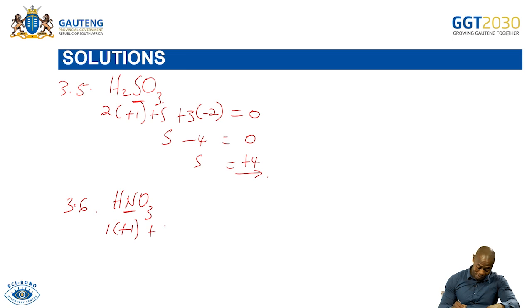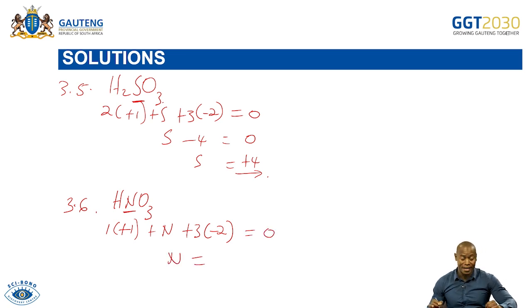So plus nitrogen plus 3 into negative 2. This negative 2 is the oxidation number of oxygen, and this should be equal to 0. Right, so for nitrogen, I'm having negative 2 times 3, which is negative 6, plus 1, which is going to be negative 5. Then this side, I'm going to have positive 5 for nitrogen. So that is the oxidation number for nitrogen in nitric acid.